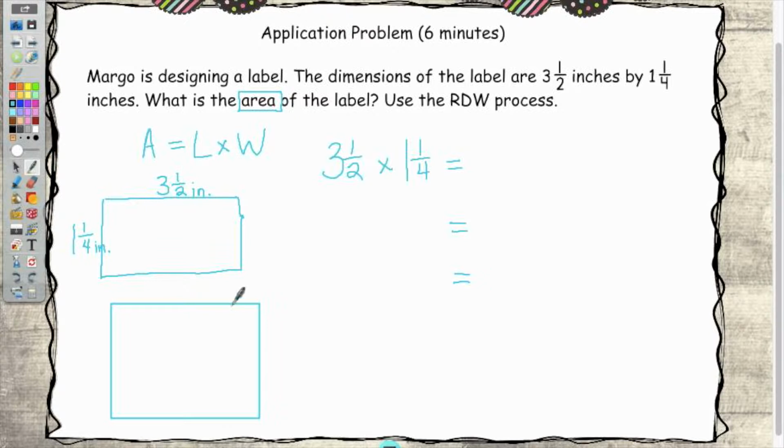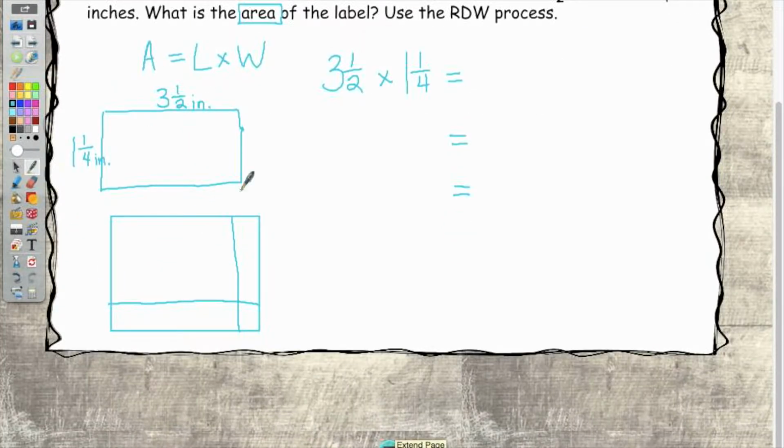So I have to show a half here, and I have to show a fourth at the bottom. And then I'll call this 1/2, and this 3. What do I write on the side? 1 1/4. Good. So basically, I'm just separating them, aren't I?